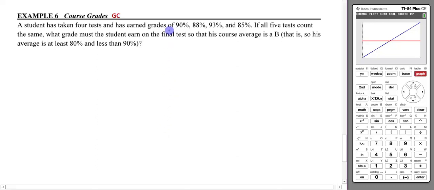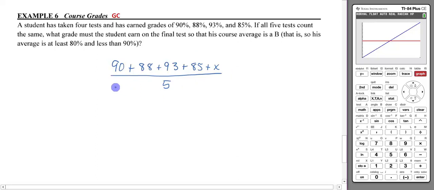Well, let's think about how we would figure out what the average is. We have 90 and 88, 93, 85, and a score on a test we have not taken yet. If we add those numbers up and divide by the number of numbers, that's going to give your average.